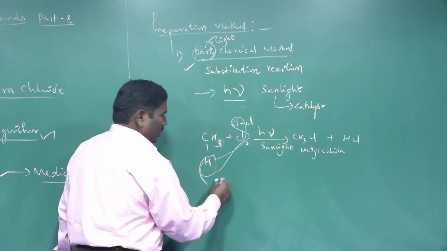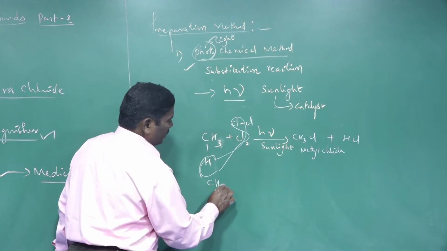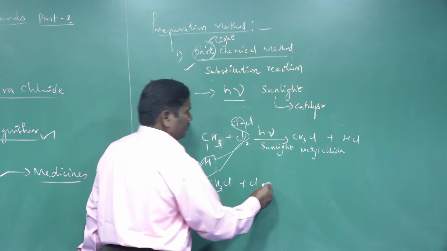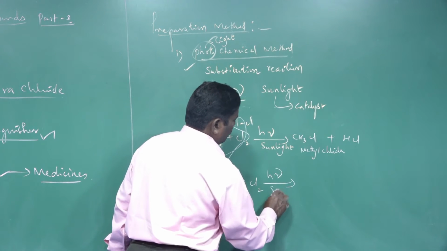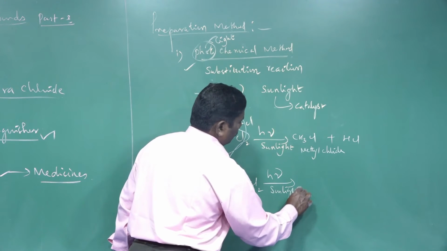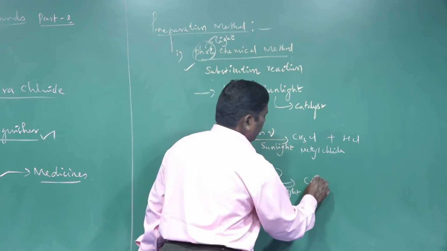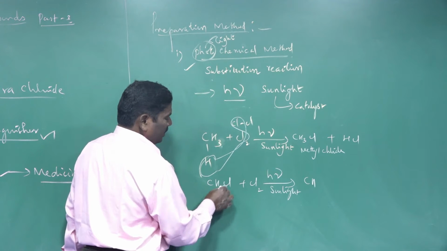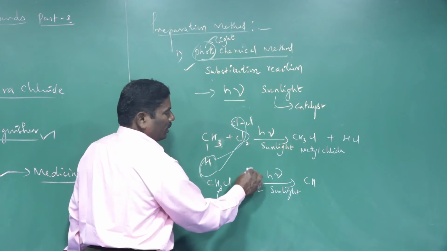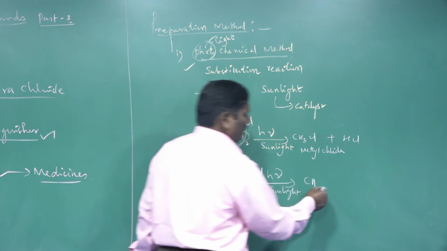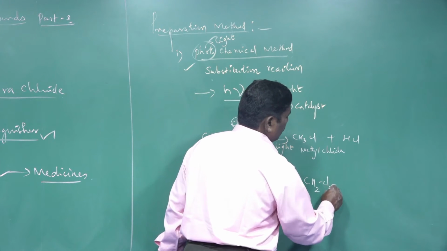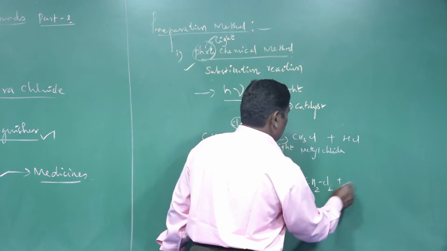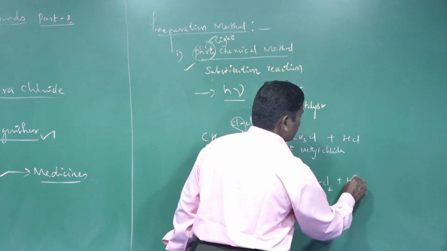Next, take the same methyl chloride in the second step. CH3Cl undergoes chlorination again in the presence of sunlight. One hydrogen is replaced by one chlorine, Cl-Cl. The product formed is CH2Cl2 plus HCl.